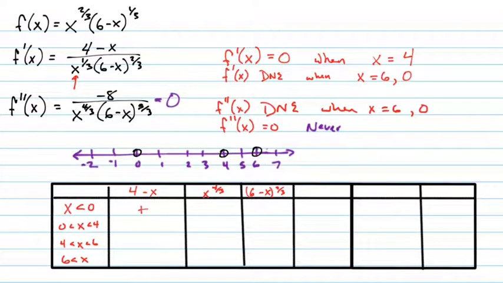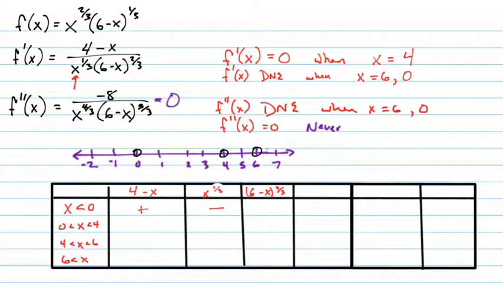This should be a 1/3 power, not a 4/3 power. I looked at the second derivative instead of the first. So if x is negative, is x to the 1/3 positive or negative? Remember that 1/3 power is a cube root. If you take the cube root of a negative number, what do you get? A negative number.